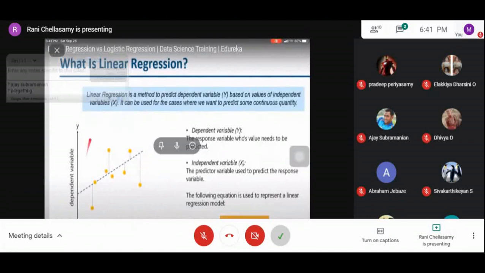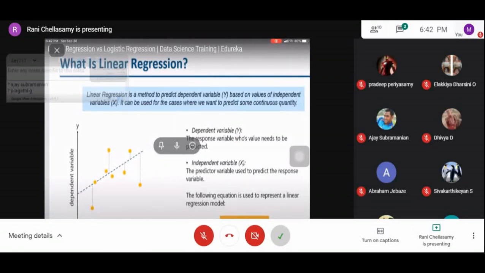The dependent variable y is otherwise called the response variable, whose value needs to be predicted. That is your outcome or output, your response variable, the value to be predicted.